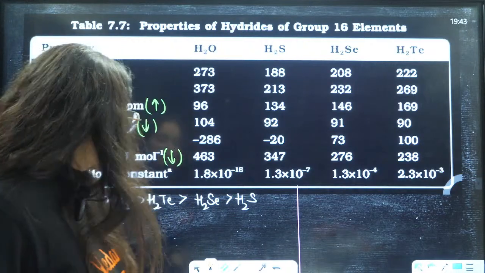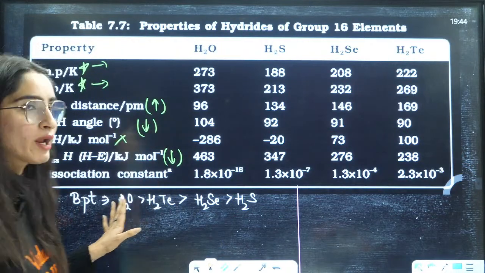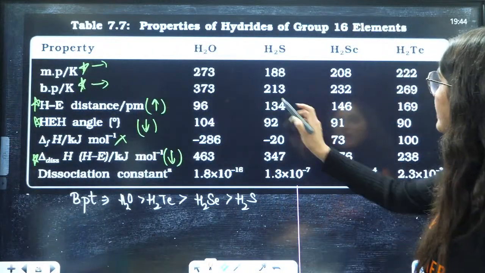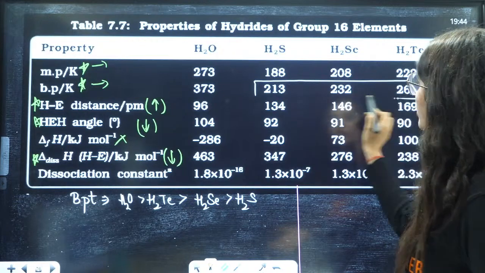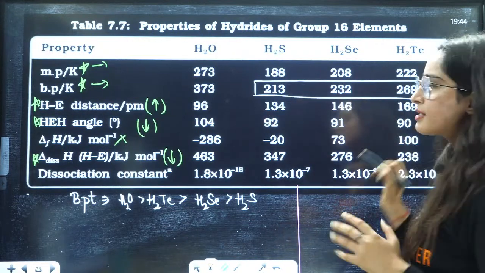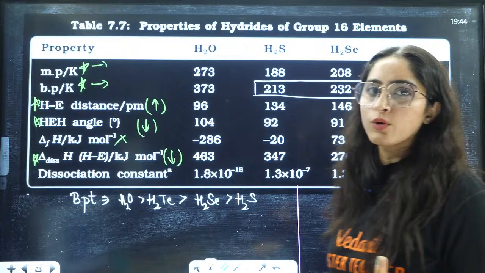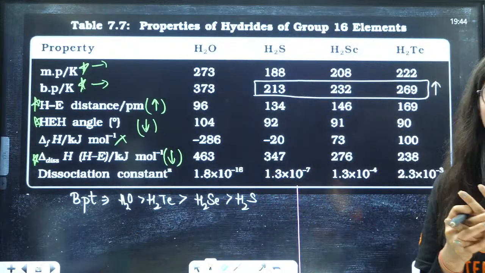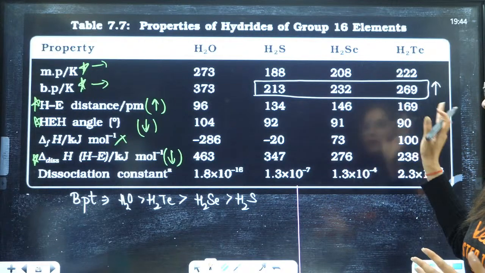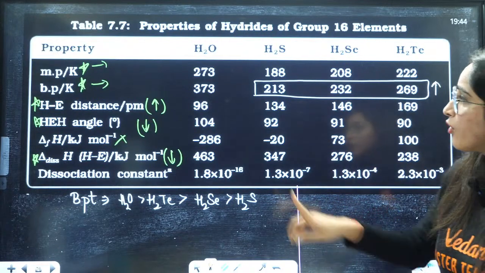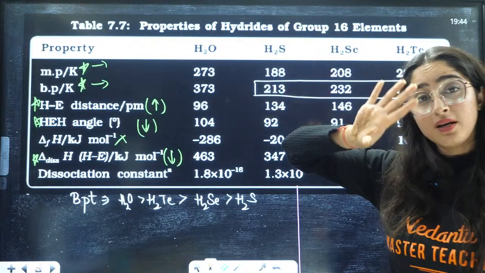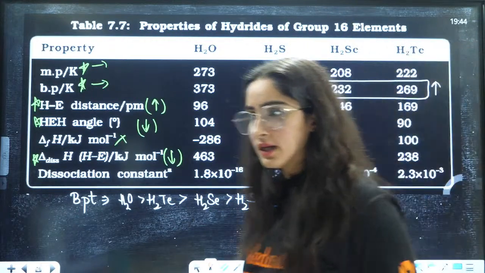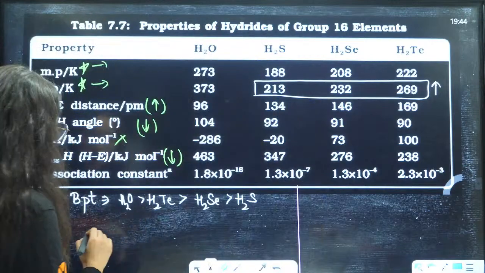So basically, why water has maximum boiling point? Because of the hydrogen bonding, right? Otherwise, it is increasing only down the group. Boiling point is increasing only. Why? Because down the group interactions are going to increase, right? But water has exceptionally high boiling point because of the hydrogen bonding, right?